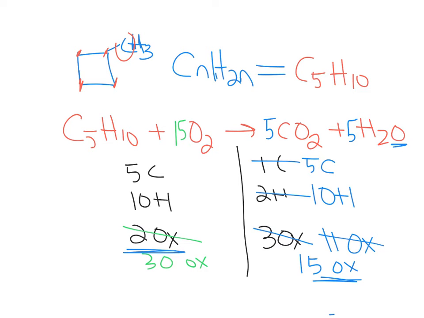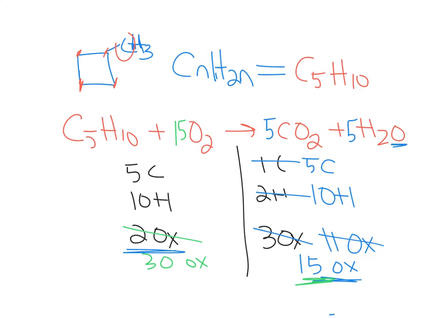Carbon and hydrogen are still balanced simply because I've only messed with the oxygen on our reactant side. So this is a little bit easier to work with. You have 30 oxygens on reactant side, you have 15 oxygens on your product side. So the question becomes, what you need to multiply 15 by in order to get that 30 oxygens complete.